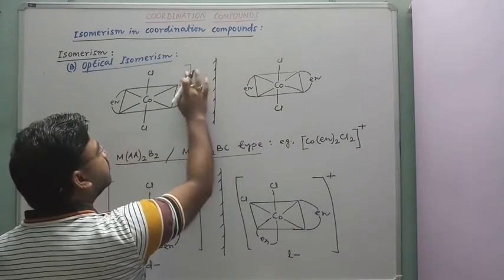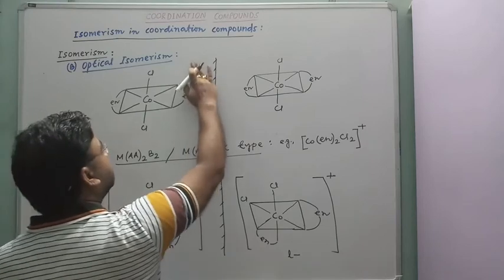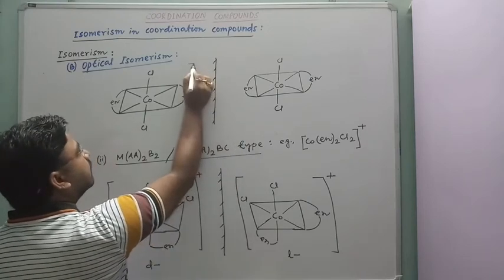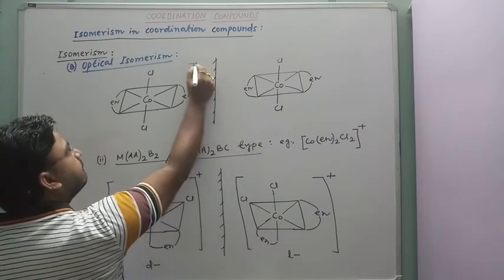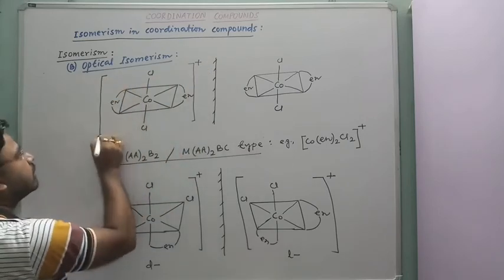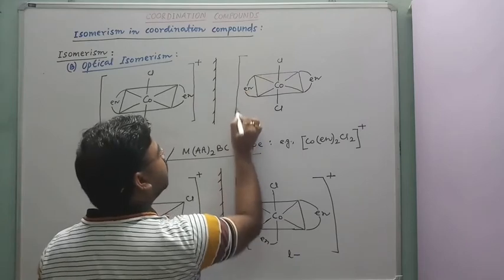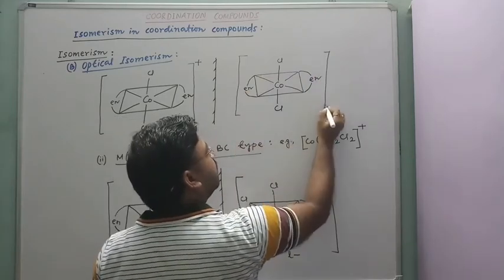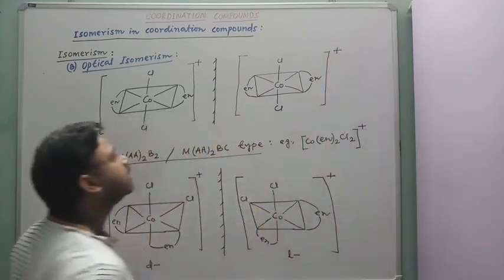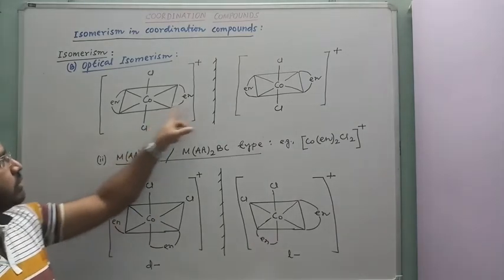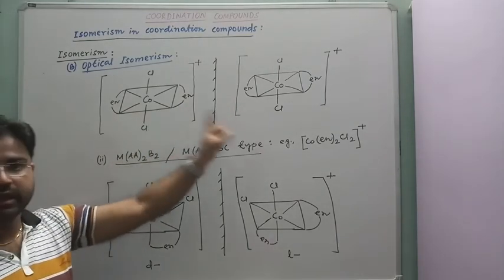So this is Co(en)2Cl2 positive charge. Now see, both the compounds look the same.